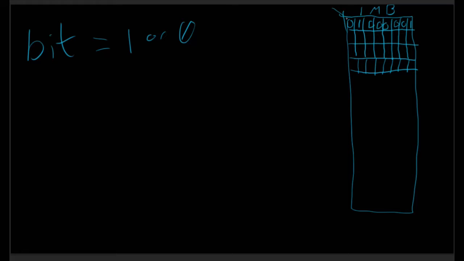So what we do is we string 8 of these together. And this is what we call a byte, B-Y-T-E. This is 8 bits. Now all of a sudden, we can get the computer to say, okay, if we give you this sequence of numbers, it means this.